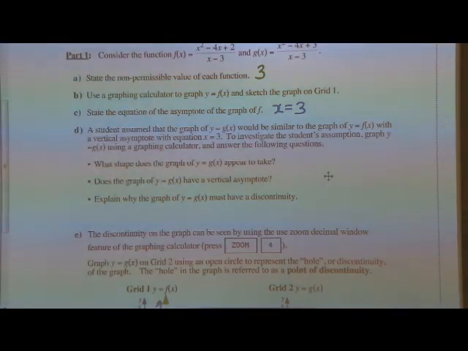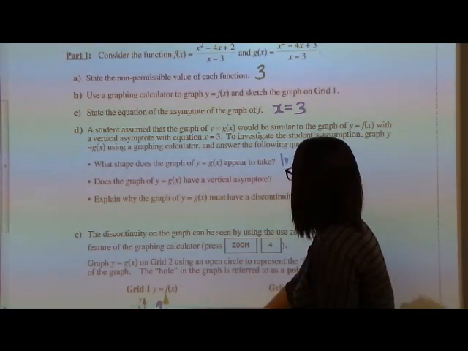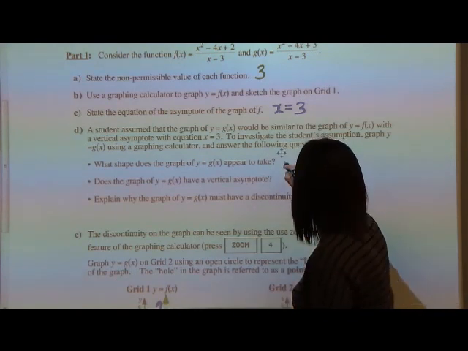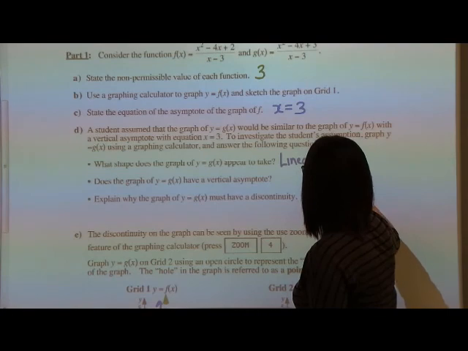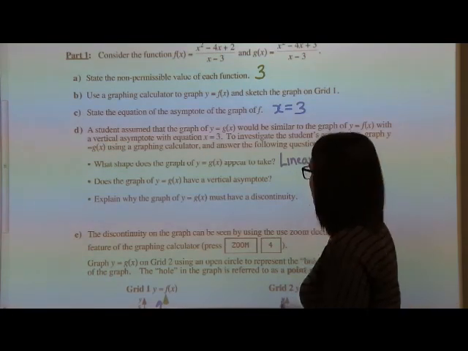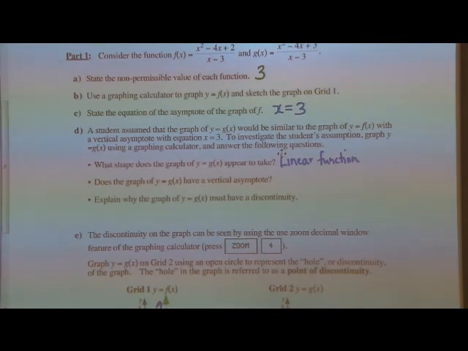So what shape does the graph appear to take? It appears to be a linear function, right? Does the graph have a vertical asymptote? Do you want to press pause, Jessica? Okay.